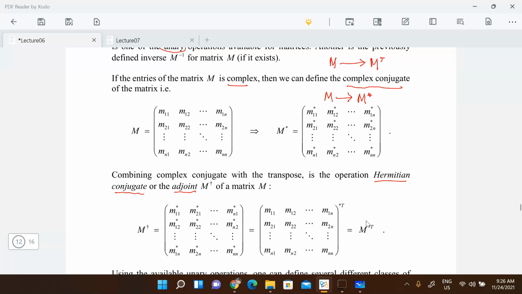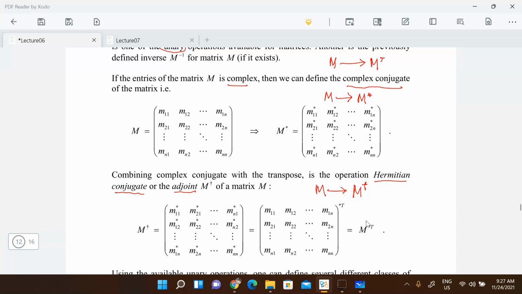The operation Hermitian conjugate or adjoint is given this particular symbol. It's like a dagger there. So M dagger. You will see this in quantum mechanics later on.